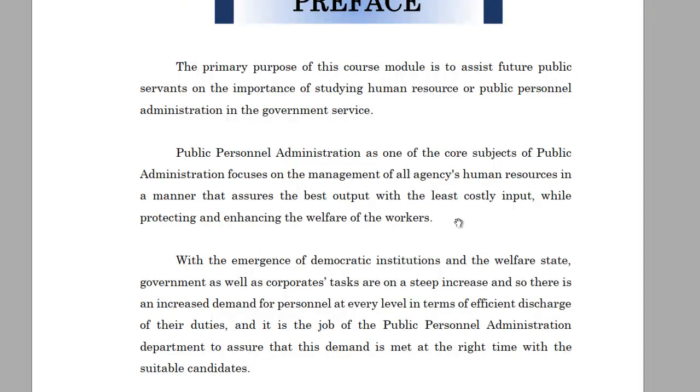Since the personnel or the human resource is considered the most important resource in an organization, may it be the government or the private sector, it is very important that we study the factors that affect how government employees work, such as salary and compensation and motivational factors.